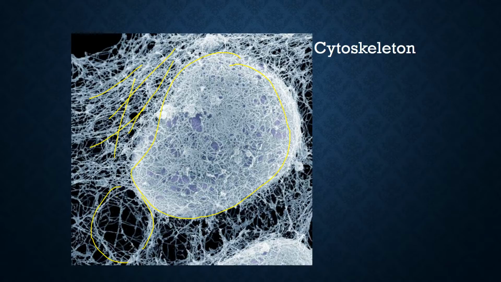Really, the purpose and function of the cytoskeleton is to act as a railway system to move stuff around the cell. These also are important for spindle apparatus formation to help pull chromosomes apart during mitosis.